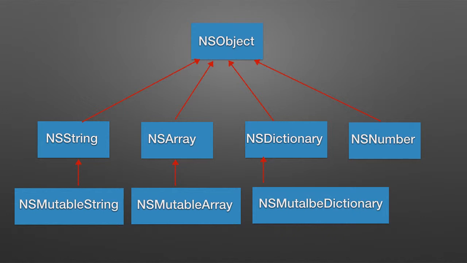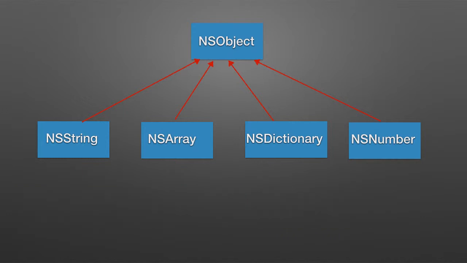There are more classes, a lot more of them in Foundation. For example, there are sets and ordered sets and so on, but I'm going to leave that up to you to explore. To begin with, we're going to start by just talking about the immutable ones.